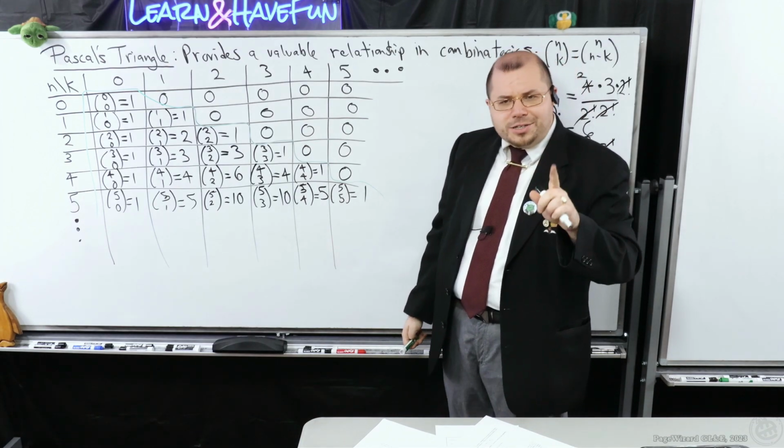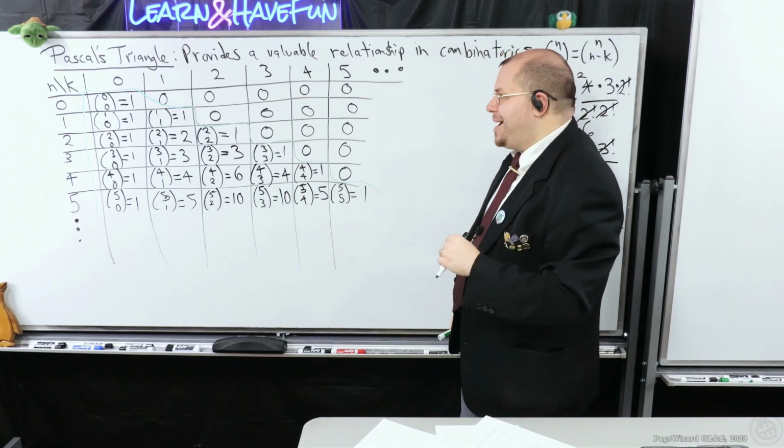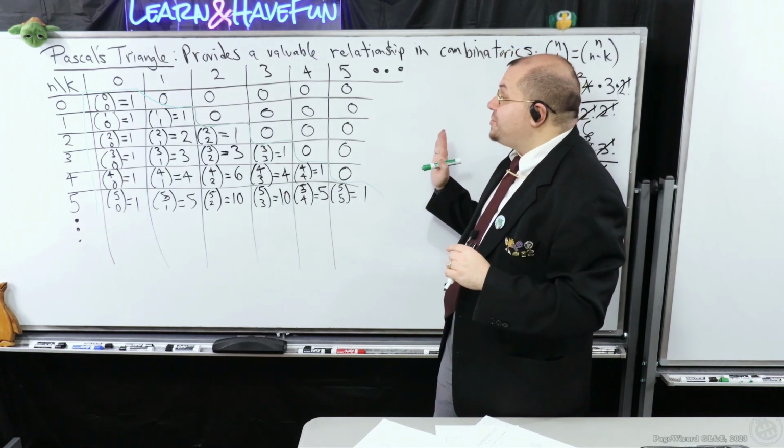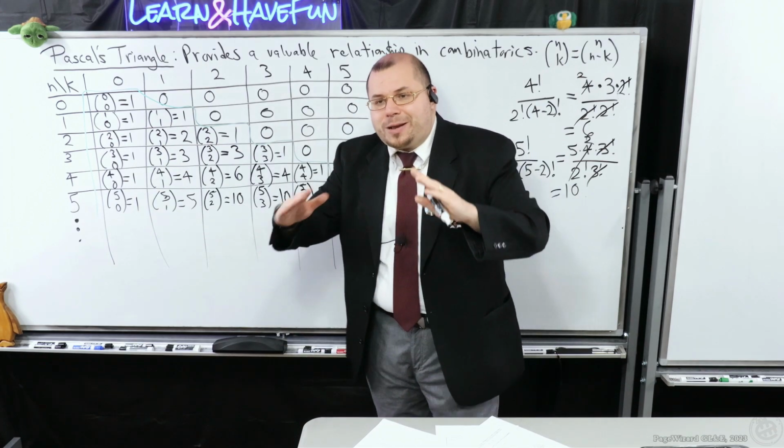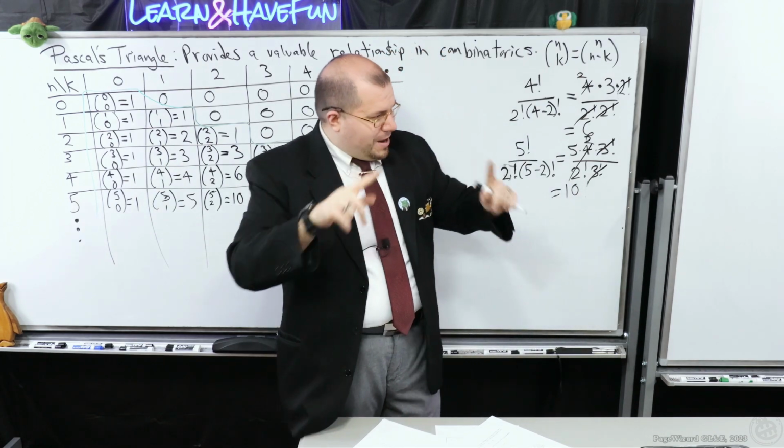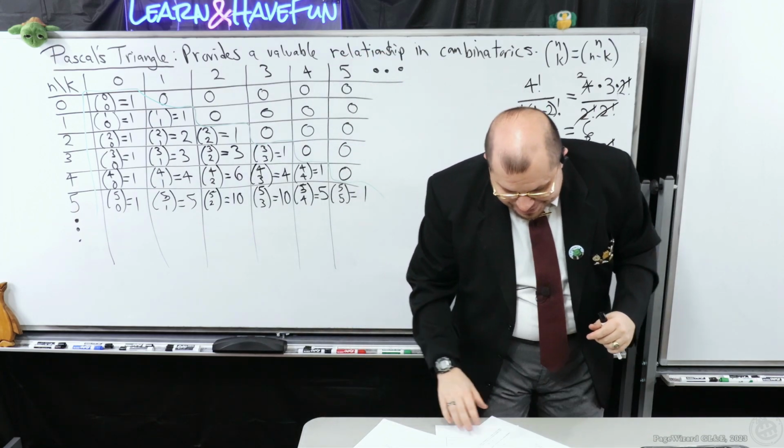But there's something interesting going on with this triangle. I must stress that this is Pascal's triangle aligned to the left. Some people will just write Pascal's triangle like a triangle, literally. So something like this.